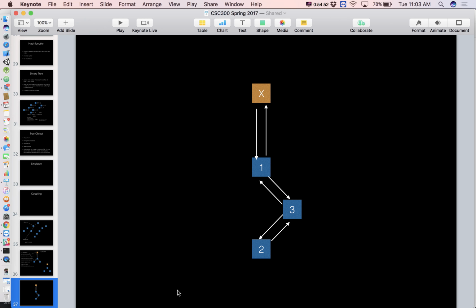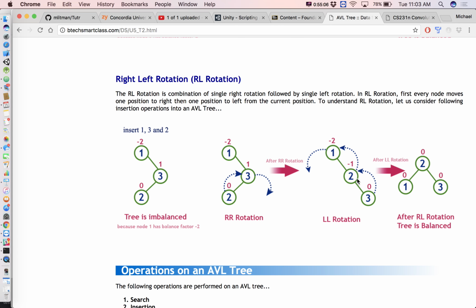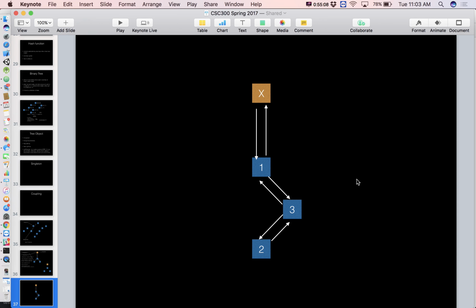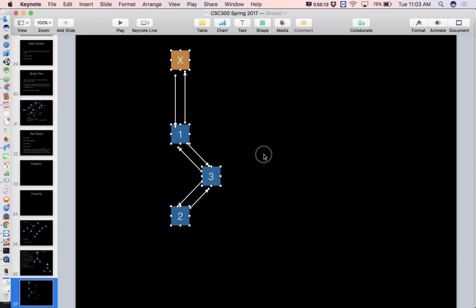All right, so this is what this guy currently looks like. And for that initial step, what we want is to get it into the position of 1, 2, 3. This guy. All right, so let's draw our goal picture.